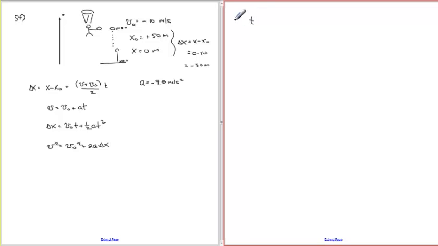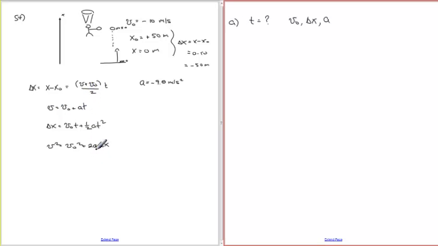Part A is what is the time? What do we know? We know v0, we know delta x, and we know a. Which equation involves all that? Well, that one does. I think that might be the only one. All the other ones have v in them, so that's not going to work.